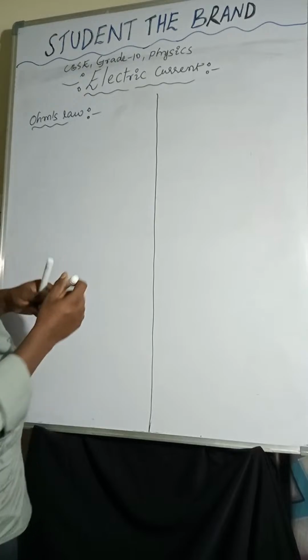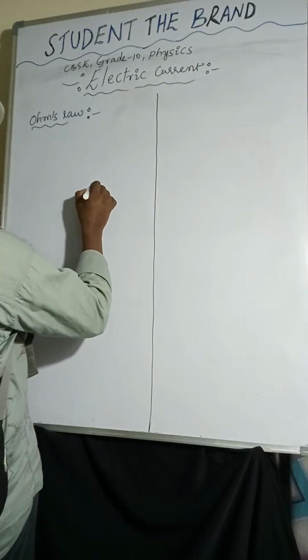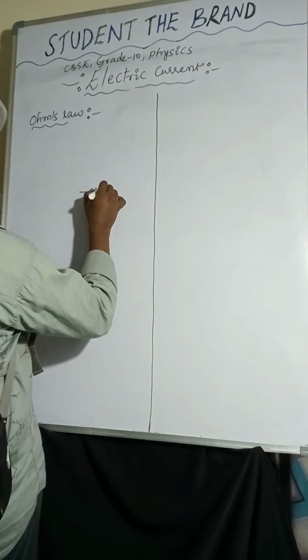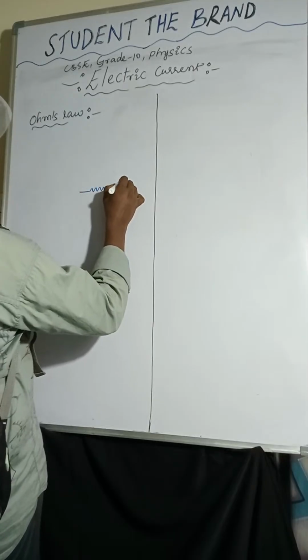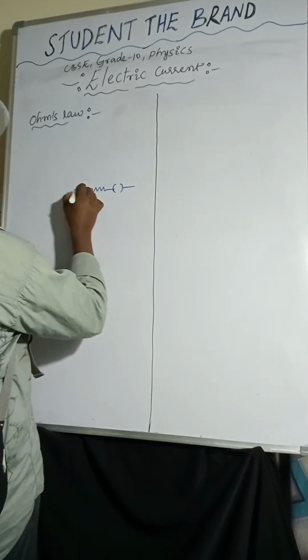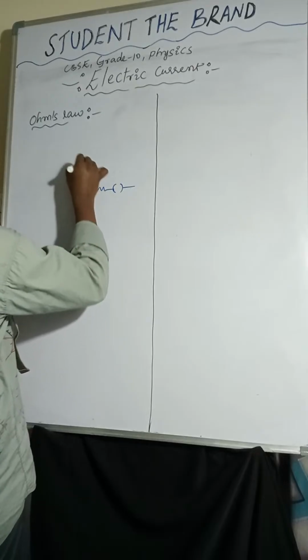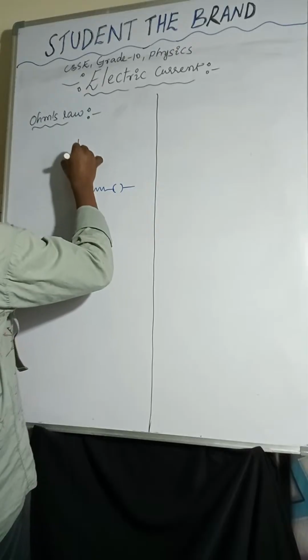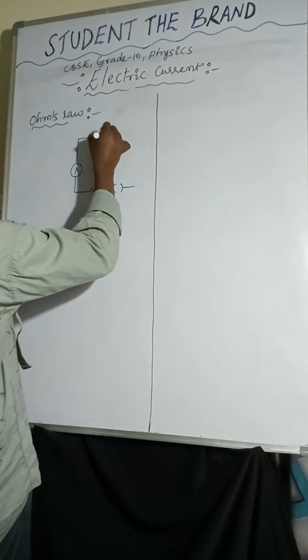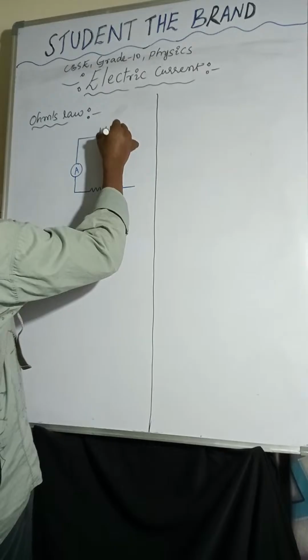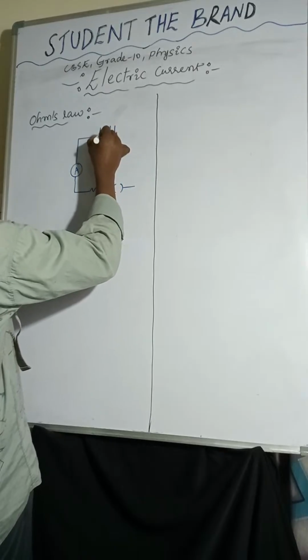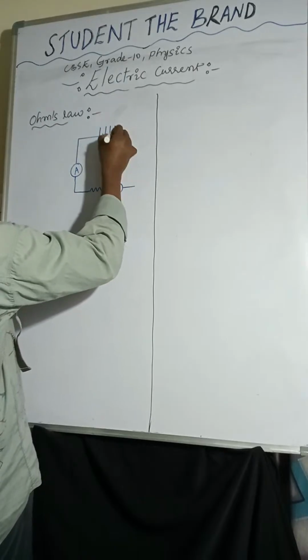Now you can see this is a resistor, a switch, an ammeter, and cells. I am taking 4 cells: 1, 2, 3, 4.